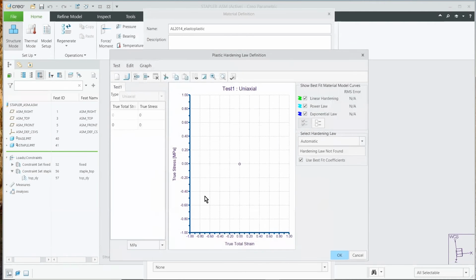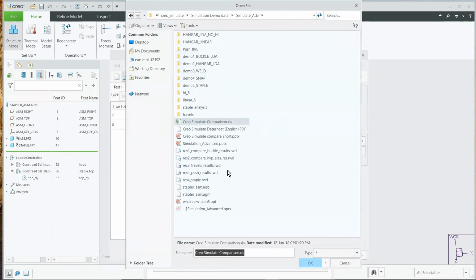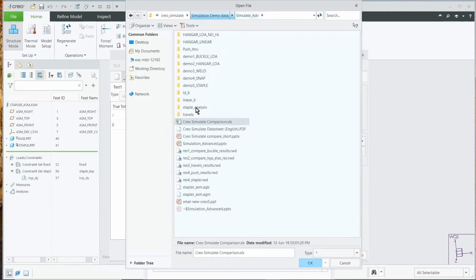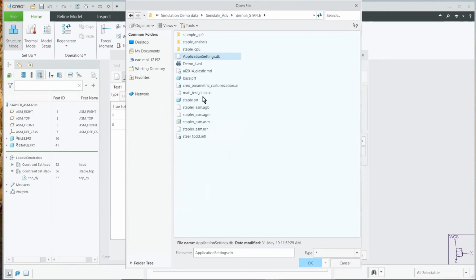And this is where I can read things in. It'll show me a graph. So I'm going to read in an example again of tests that we ran before. Let's grab this. There we go.